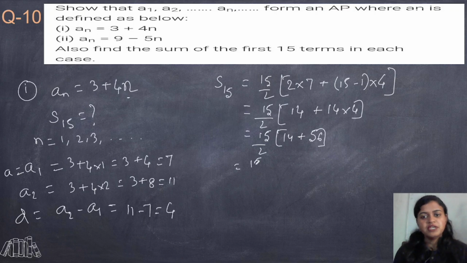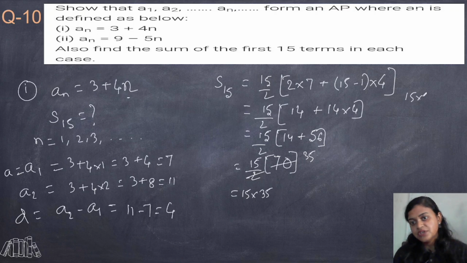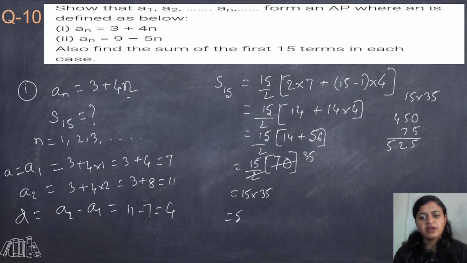So 15 by 2 into 70. If you cancel out 2, 35, so 15 into 35. We can apply a short trick: 15 threes are 45 and this is the tens place digit, so we put 0. 15 fives are 75, so 5 carry 2 gives 5, 2, 5. So 525 is the answer here.